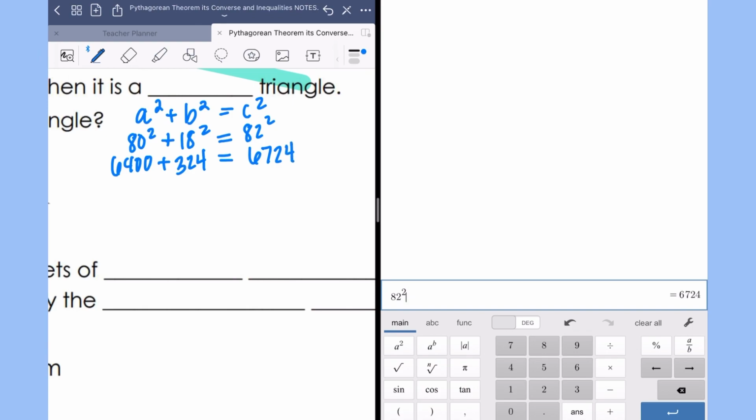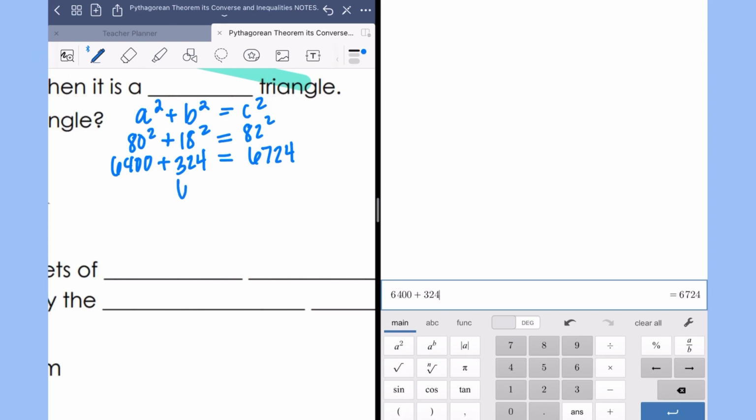Okay. Now, whatever is on the left, remember when we're working with equations, whatever is on the left has to match whatever is on the right. It has to be balanced. So we need to add those two on the left. 6,400 plus 324.